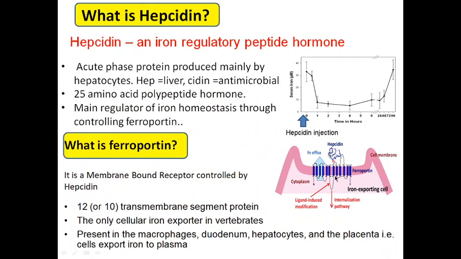Let us now ask the question, what is hepcidin? Hepcidin is an iron regulatory peptide. It is synthesized in the liver. So hep is liver, cidin means antimicrobial.